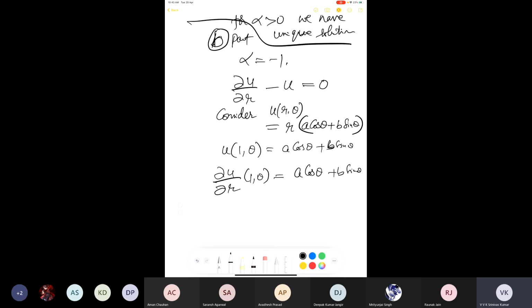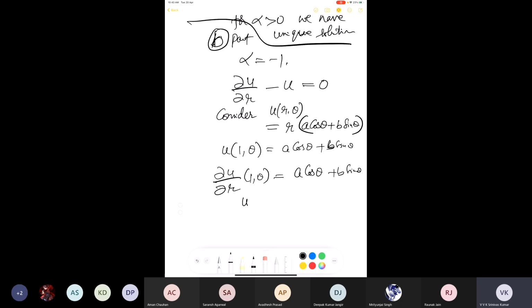These are arbitrary constants, so if you take different constants, this cannot happen. So you can see how the uniqueness fails.